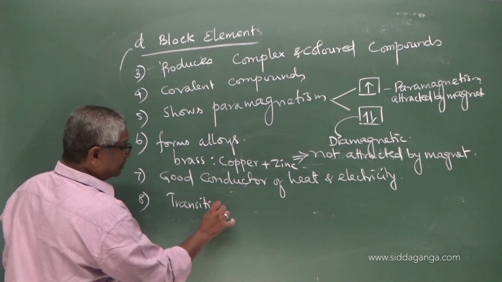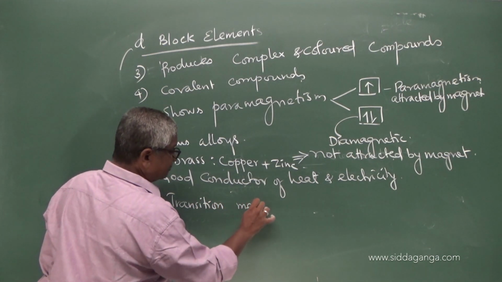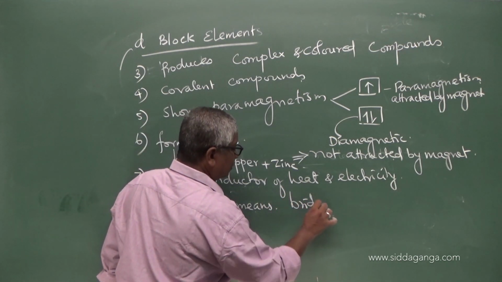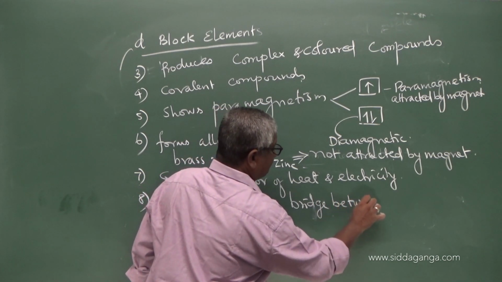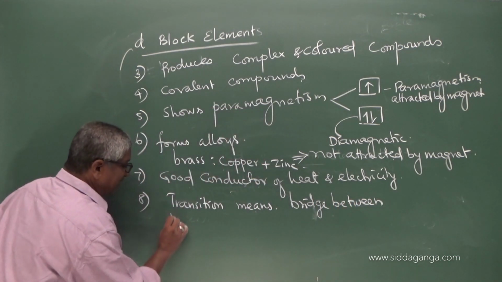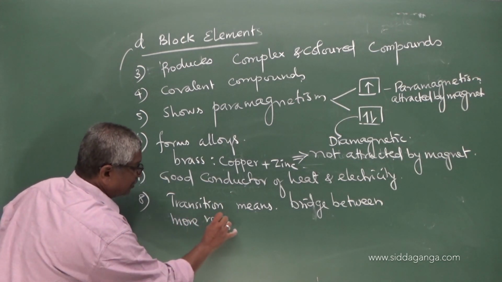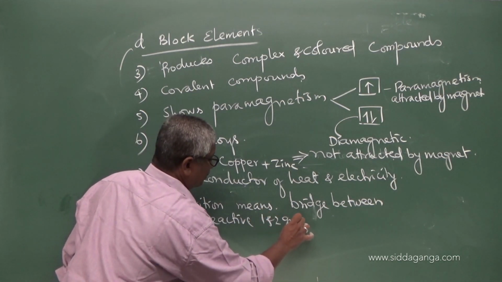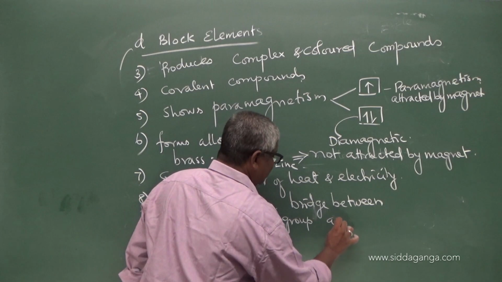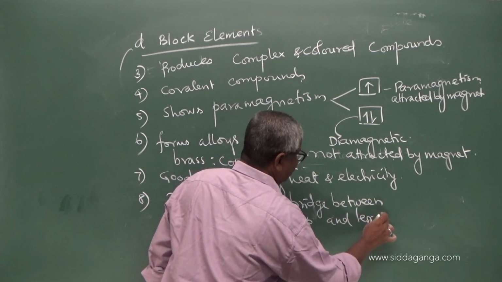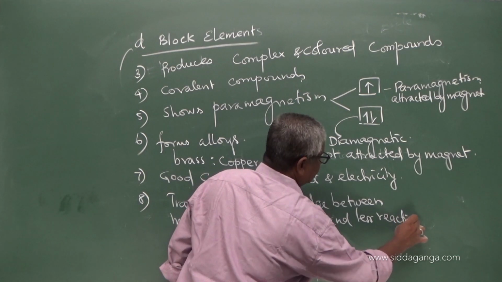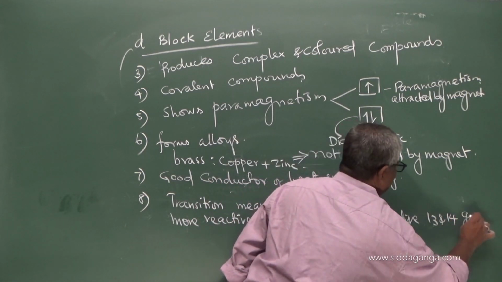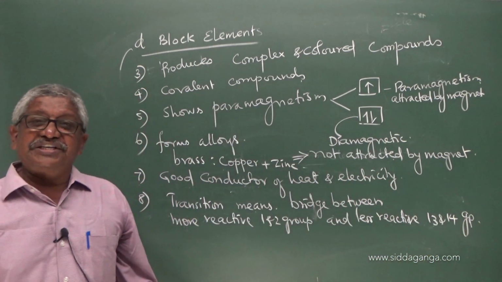Transition means bridge, between the more reactive first and second group and the less reactive 13th and 14th group. So it is a bridge.